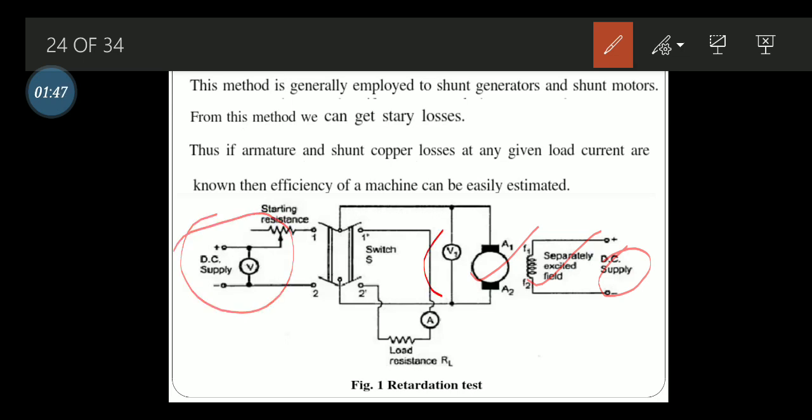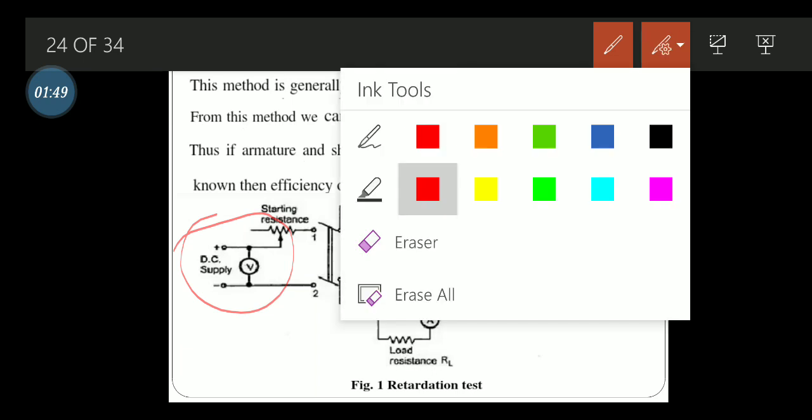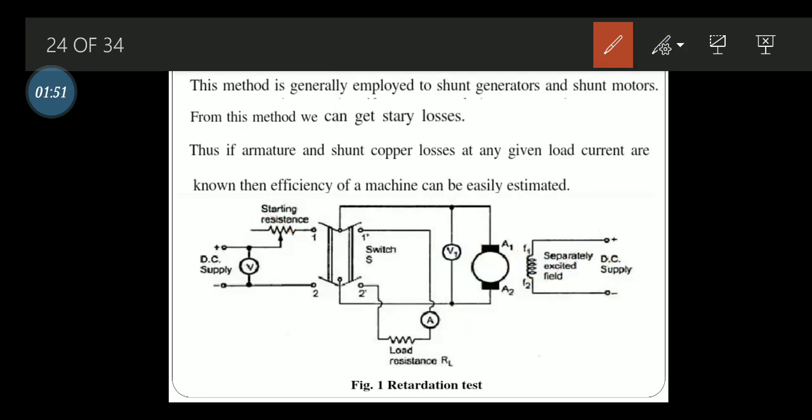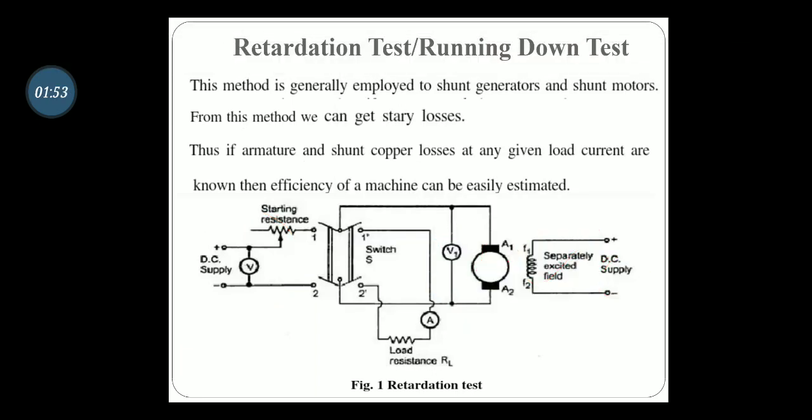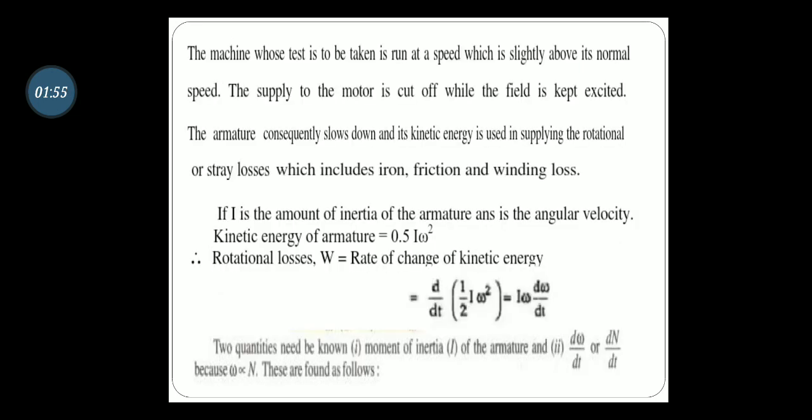A voltmeter is connected, which measures the back EMF of the DC motor. The machine whose test is to be carried out can be run at a speed slightly above its normal speed.